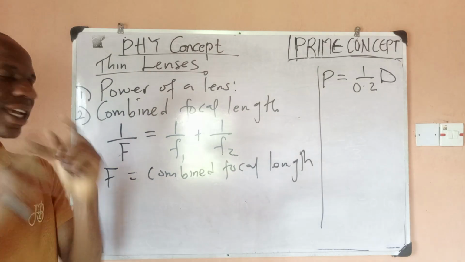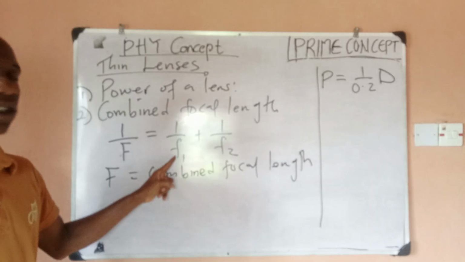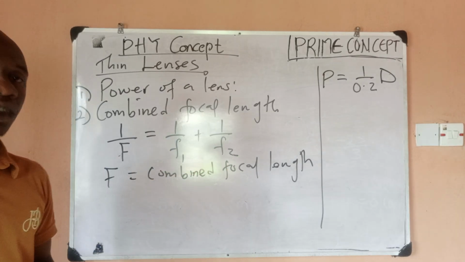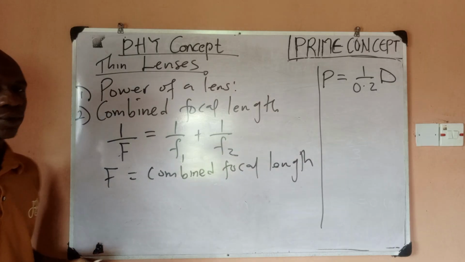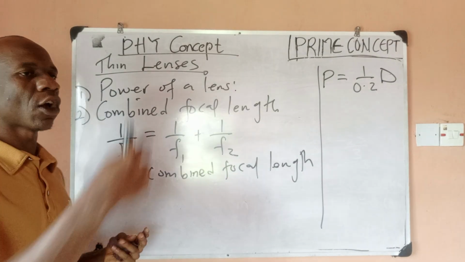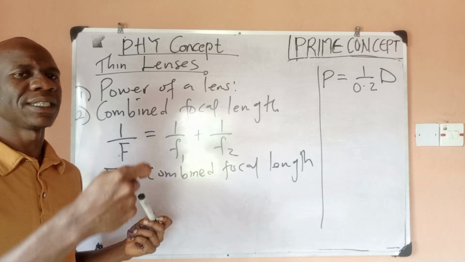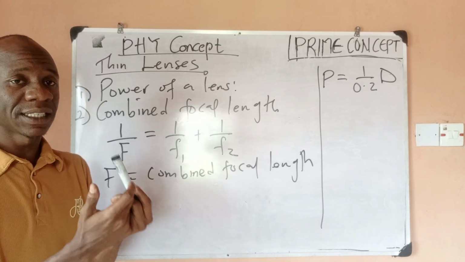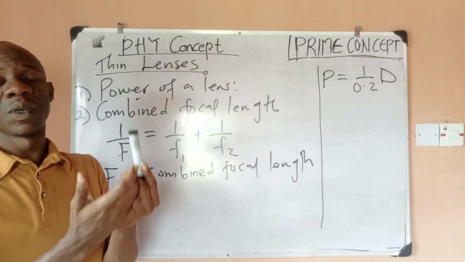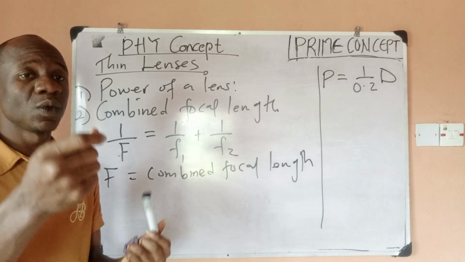So this is how you can find the focal length of a combination of lenses. Now you should take note that before you apply this formula, you must consider your sign convention. Knowing that if, for example, you are combining a concave lens and a convex lens, the focal length of a concave lens should always be negative, and the focal length of a convex lens should always be positive.